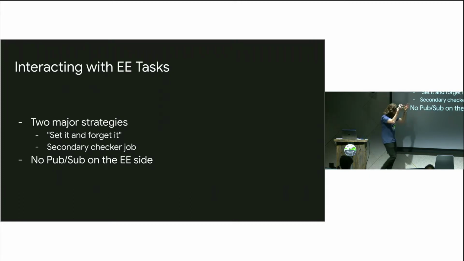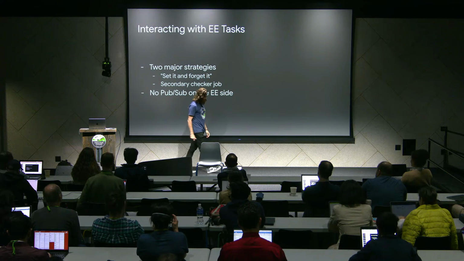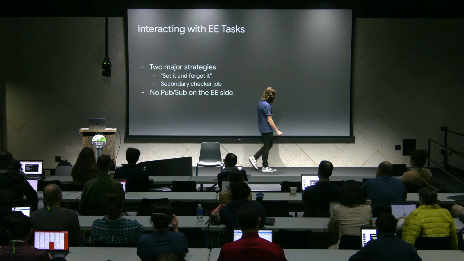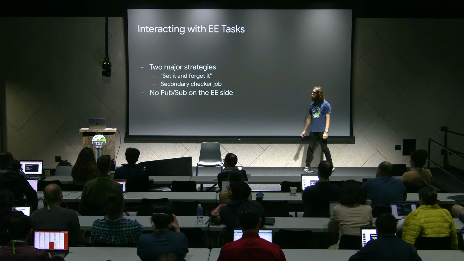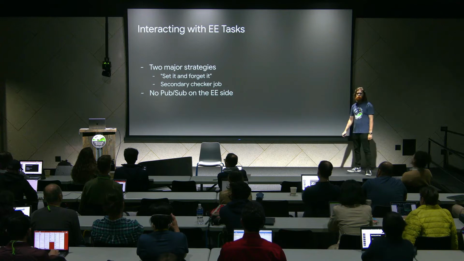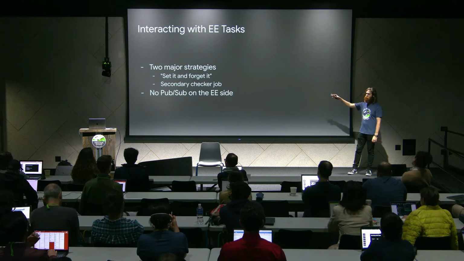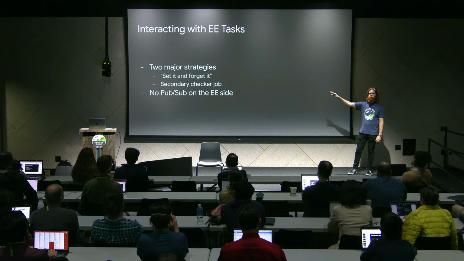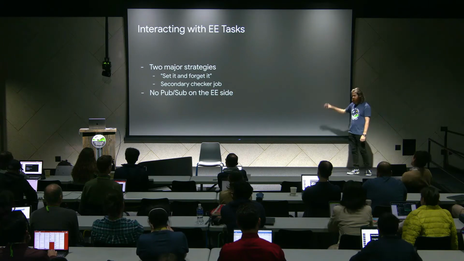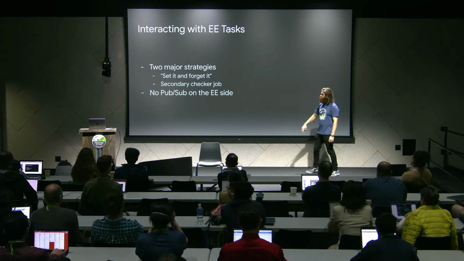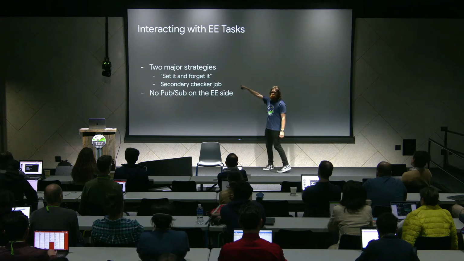One more theory slide, and then we'll jump into the code. Earth Engine tasks do not have any pub/sub integration. So Earth Engine tasks are the tools that we're using to have the cloud functions interact with. There are two strategies here.